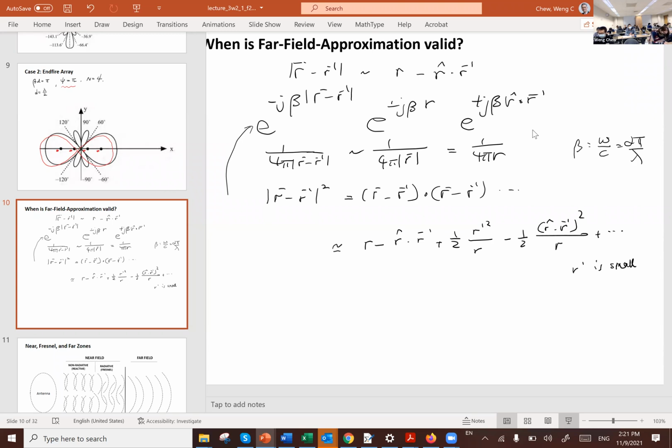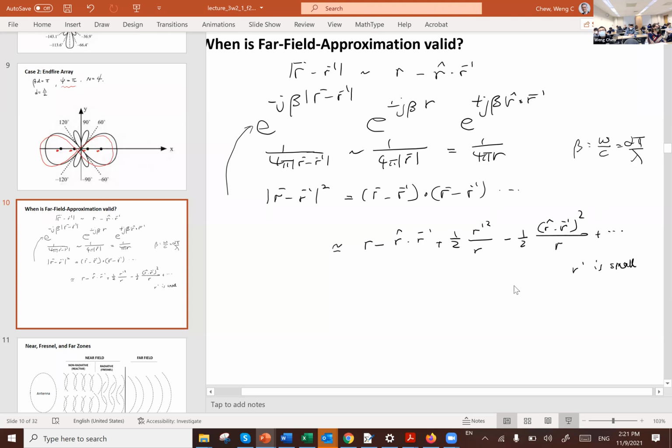In mathematical parlance, this is order 1 in r prime, and this is order 2 in r prime, because it's proportional to r prime squared. So these terms are of higher order, whereas this is the first order term and this is the second order term.